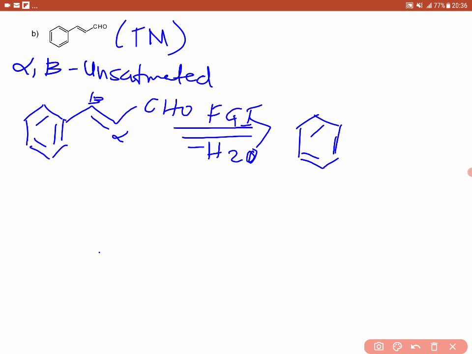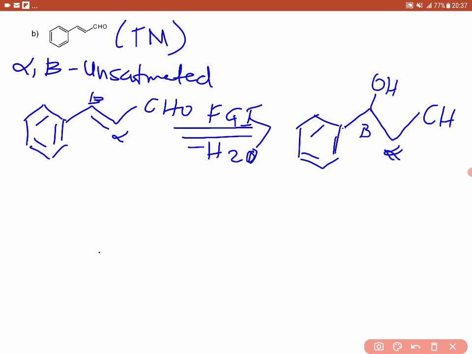When we do the functional group interconversion, we get an intermediate with the benzene ring and the aldehyde functional group, but now at the alpha and beta positions we bring back the OH, the water molecule.